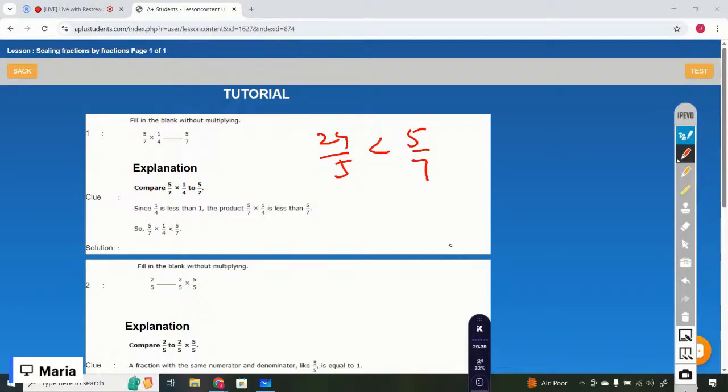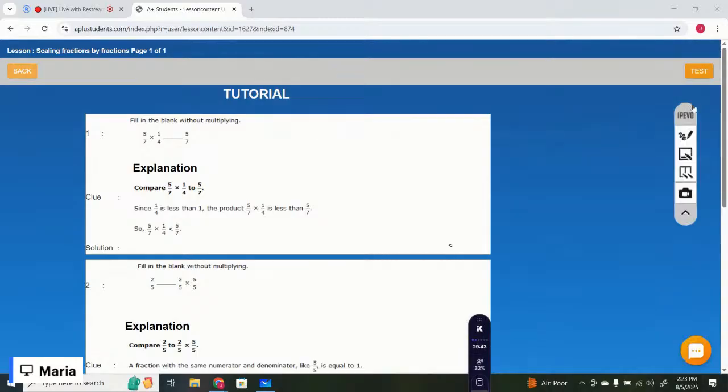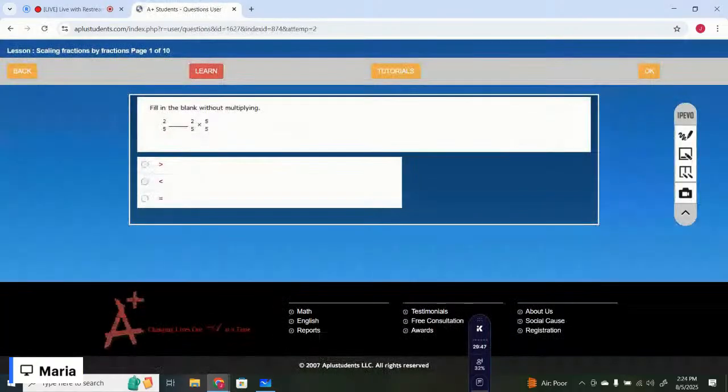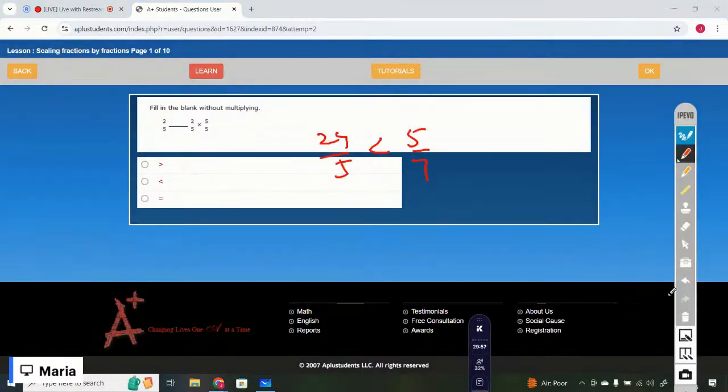So less it is. Let's just start with the test questions. Fill in the blank. 2 by 5 times 5 by 5. So 2 times 5 is 10 and 5 times 5 is 25.